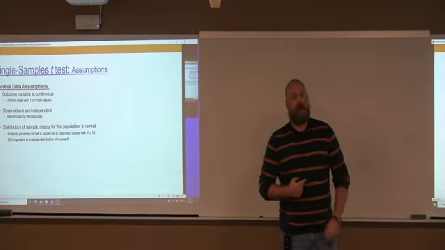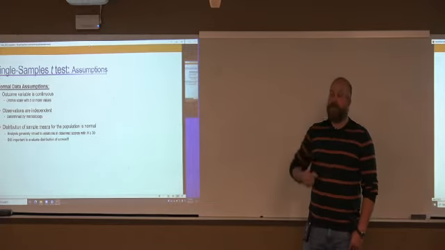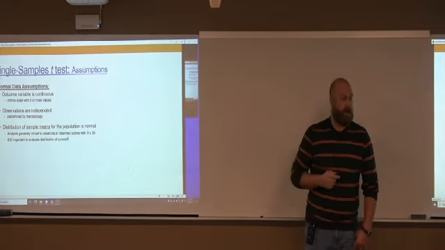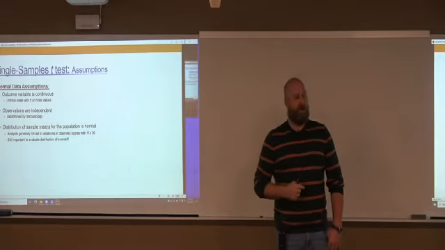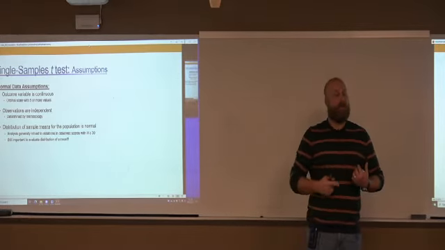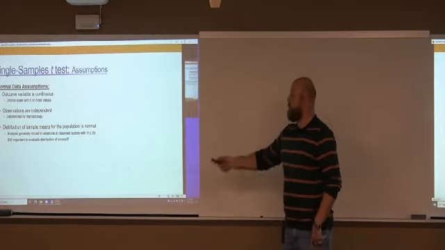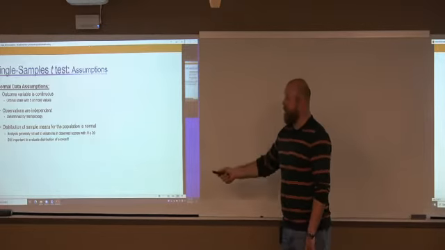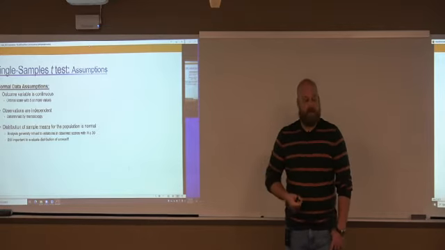So if I'm looking at, let's say, aggression scores in a classroom, that's probably going to have a positive skew, right? But if I've got enough observations in my sample, even though my sample data is skewed, I'm probably okay to move forward with my t-test, because the assumption of my t-test is that the distribution of sample means is normal, not that my actual data is normal, right?